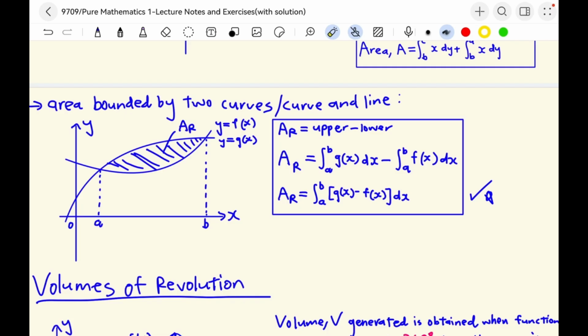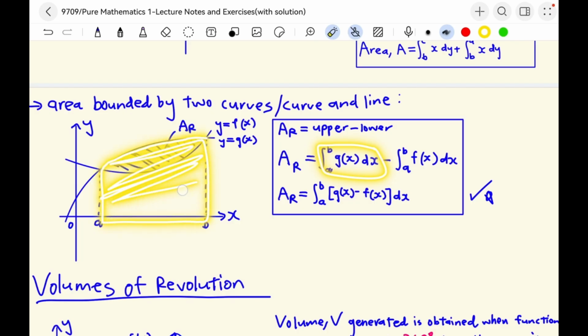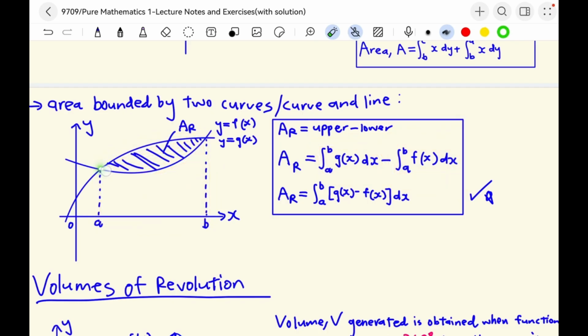So the area of the shaded region is the integration of the upper, which is the area of this region first, minus the area under the curve for the lower region, which is this region. Let me change the color. Yeah, this region.